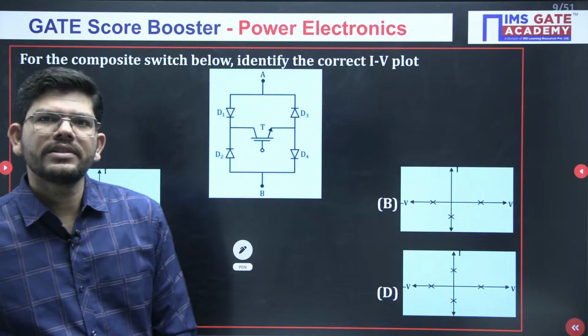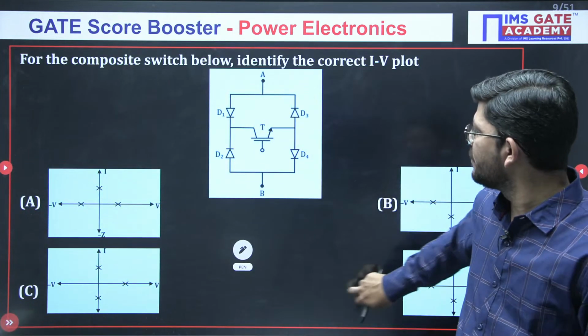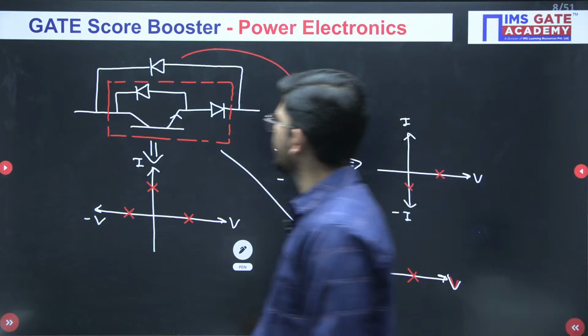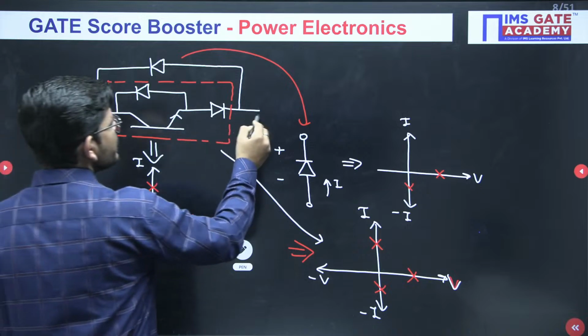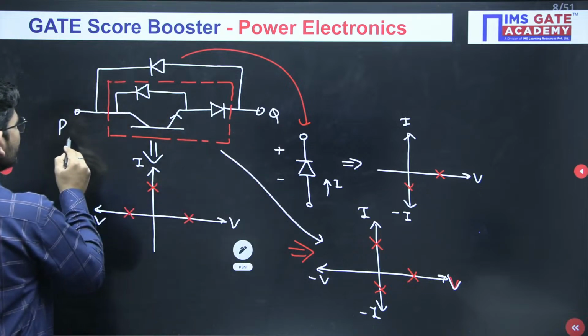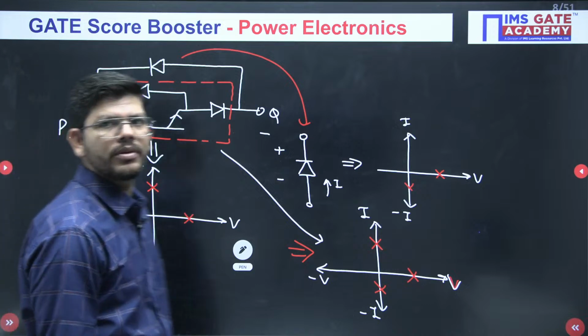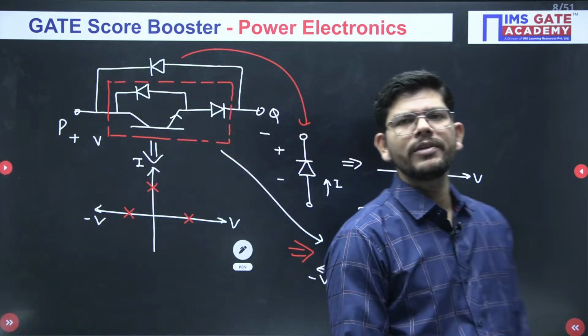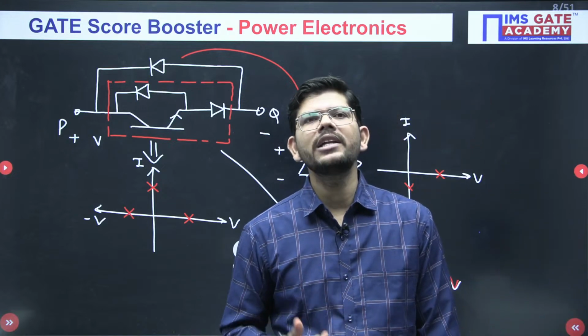Is that V meaning VCE? Yes, this is the applied voltage. You have this terminal P and this terminal Q, so you will apply this voltage here as well. This is the applied voltage we are talking about. If the current flows from P to Q, it will be considered positive.